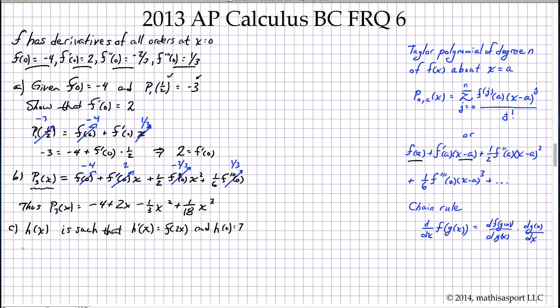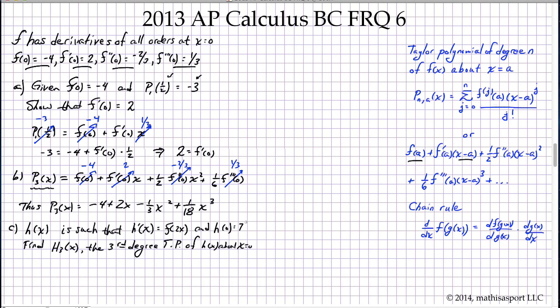What we have to show or find is what I'm going to call h3 of x, namely the third degree Taylor polynomial of h of x about x equals 0.